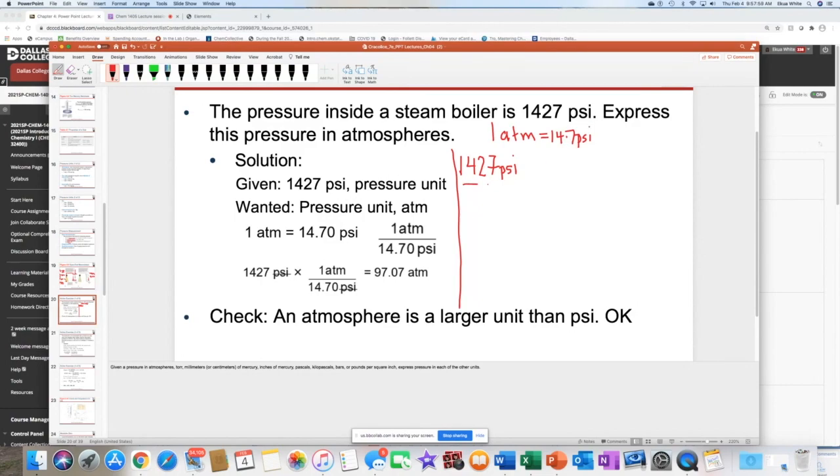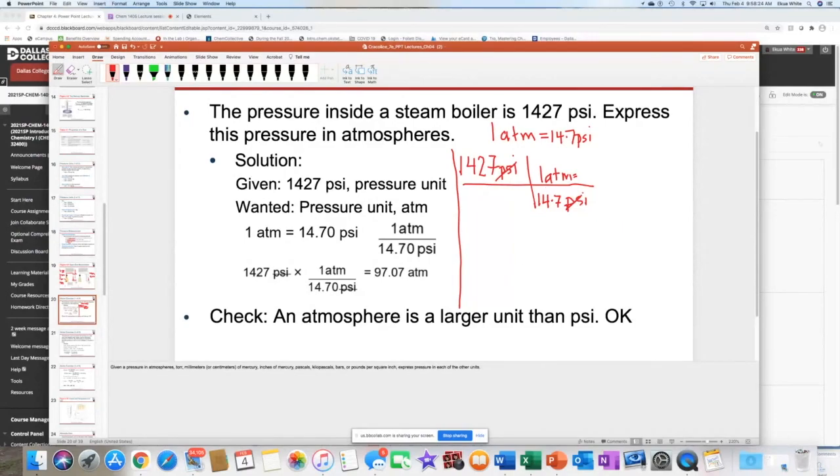Right? So just like we did before, psi goes down here, so the number that goes with psi is 14.7, and this goes with 1 atmosphere, 1 atm. The psi cancels.